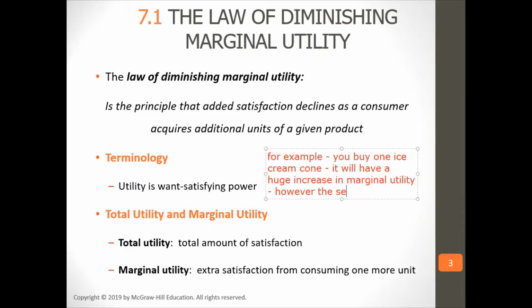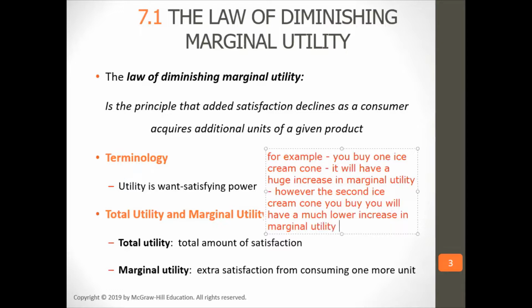However, the second ice cream cone you buy will have a much lower increase in marginal utility because you don't value the second as much. Utility is value. So that's basically the description here.